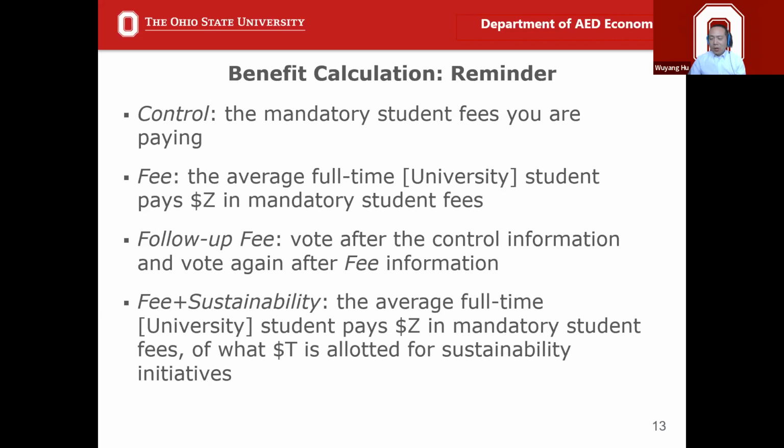A student may think, oh, I'm paying hundreds, even thousands of dollars already as student fees, so allowing the university to charge a couple more dollars for a B campus conservation fee is not a big deal. So I will be able to support that.